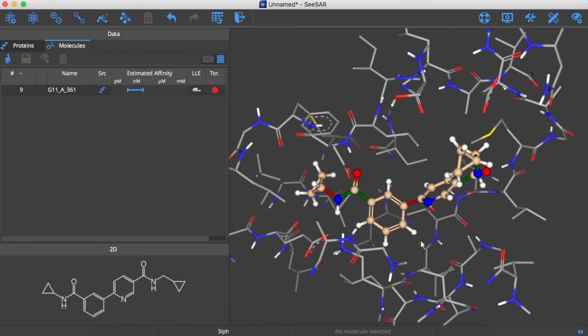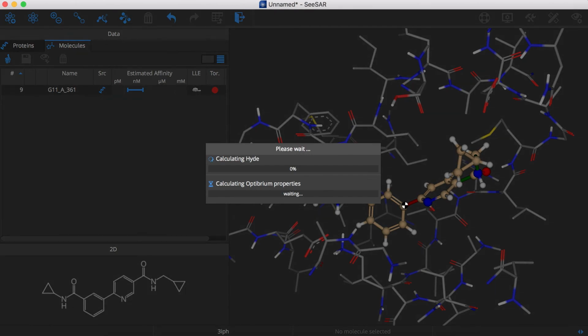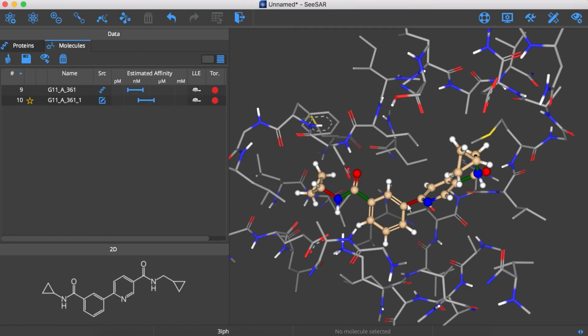So we can see two things. We can see on the one hand that the torsion between the rings is turning to red, which means that this torsion is never experienced in small molecule crystal structures, and we can see that the estimated affinity is decreasing by about 1 order of magnitude.